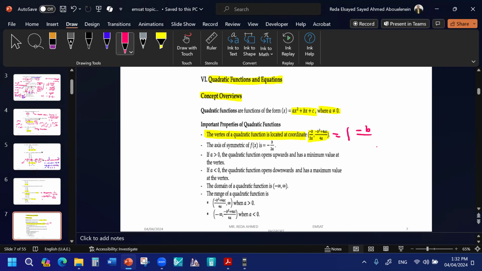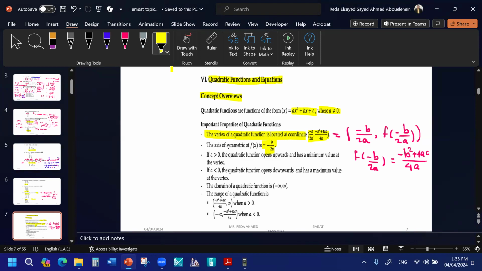And f of negative b over 2a equals negative b squared plus 4ac, divided by 4a. And the symmetric line, the axis of symmetry, will be negative b over 2a.